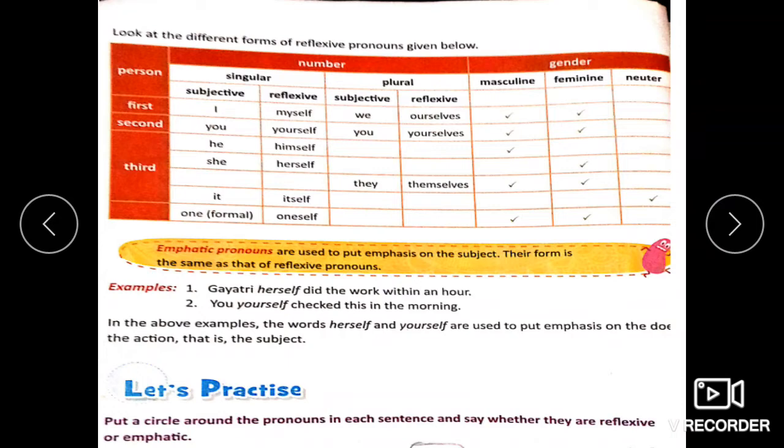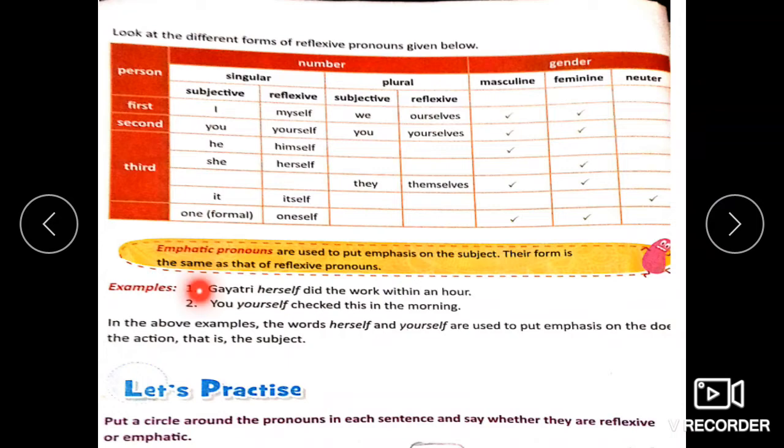But emphatic pronouns are not used like reflexive pronouns are used. Emphatic pronouns are used to put emphasis on the subject, whereas reflexive pronouns are those which refer to the subject and the object as well. Understand the difference. Emphatic pronouns do not refer back to object, but they only emphasize on the subject.